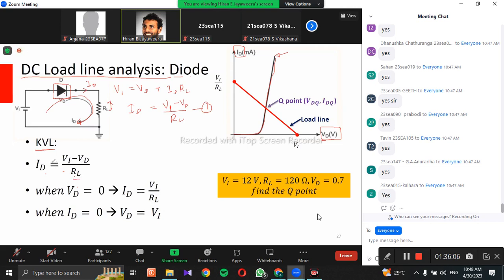So we can rewrite it as V1 divided by RL minus VD divided by RL.